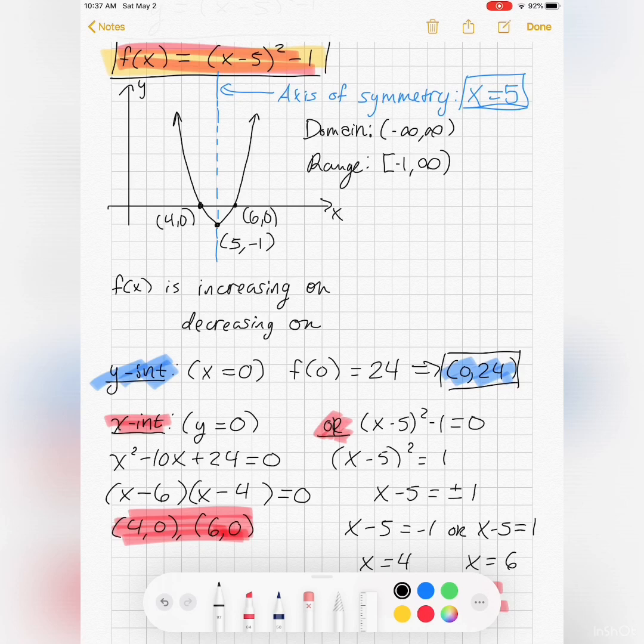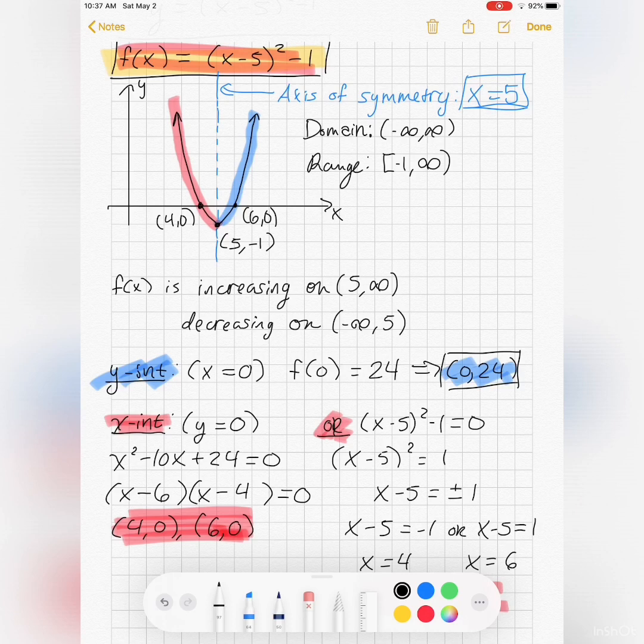So if I start on the far left and move along the parabola, look, I'm going down, down, down until I get to x equals 5. So I would say the parabola is decreasing from -infinity to 5, versus after x equals 5, I'm going up, up, up. So then I would say it's increasing from 5 to infinity.